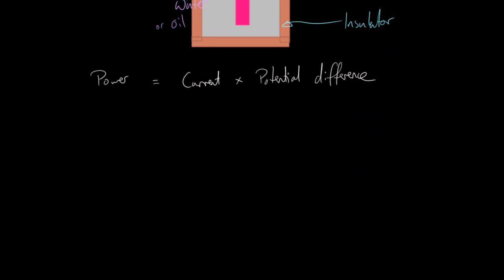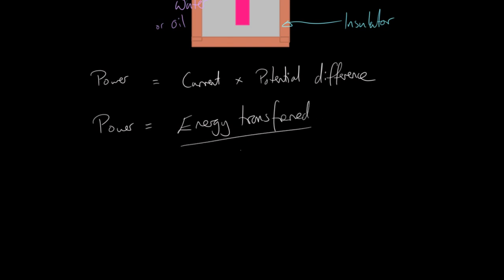Now, if you remember back again to that same video, I mentioned that power equals energy transferred over time. Now, if we rearrange that to be a little bit more helpful, that means that energy transferred equals power times time.